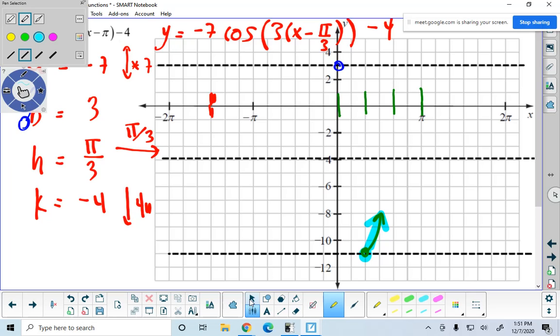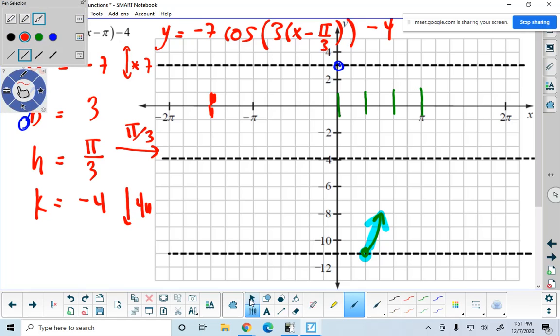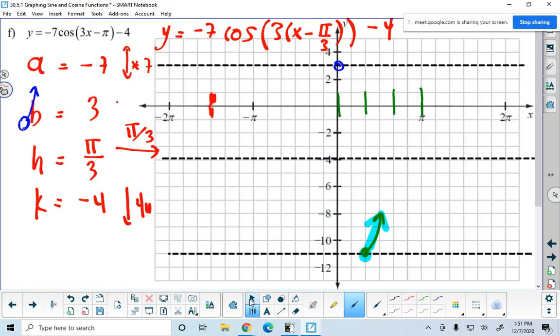Now what we have to do from that start point is draw up, up, down, down, but we have to do that in the period. And if the period is normally 2 pi, and b is 3, that means things have been stretched horizontally by a third.